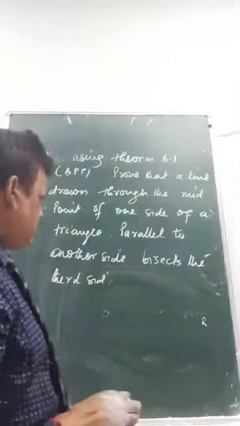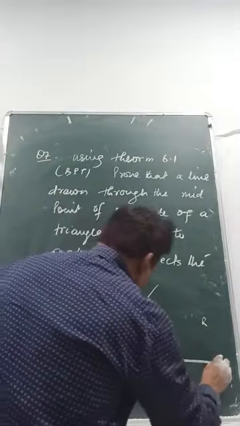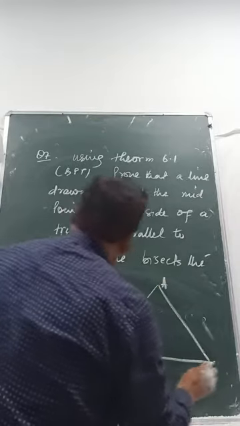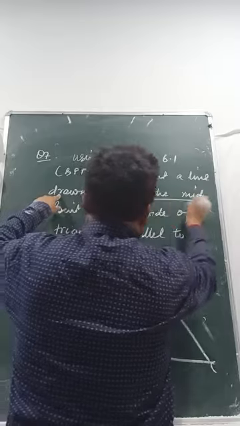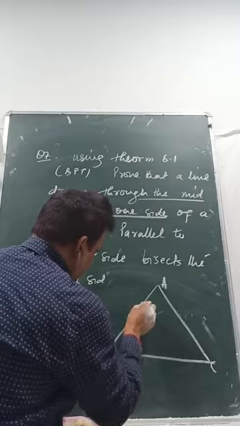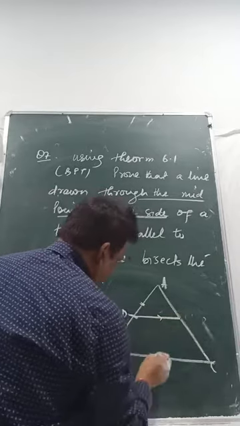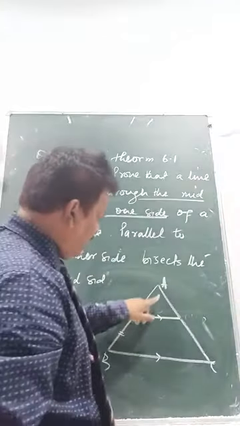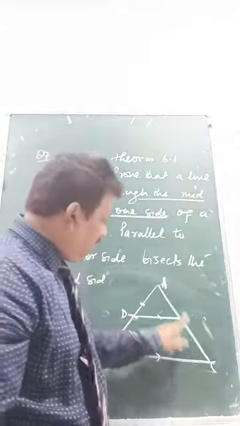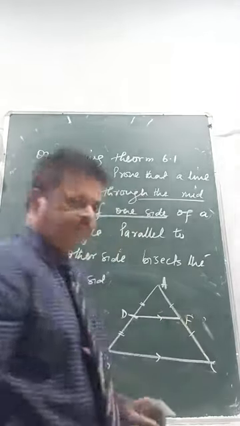What you should do is understand the statement. First you take any triangle ABC. A line drawn through the midpoint of one side. Suppose this is your midpoint, which means these two are equal. This is, suppose, D. You draw a line parallel now, and it bisects the third side, which means these two are also equal.